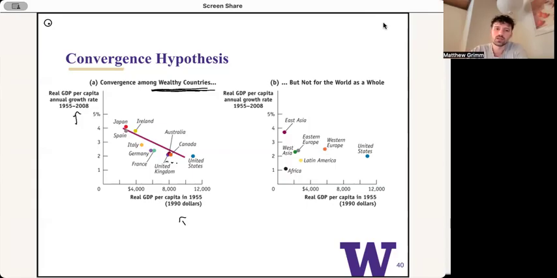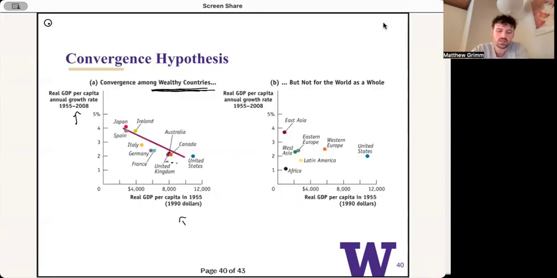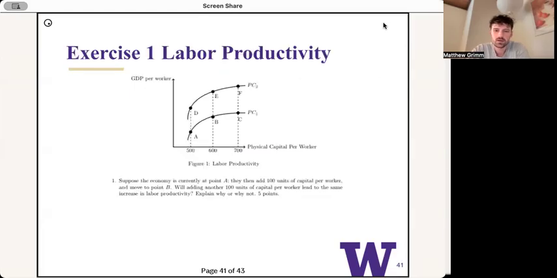So this is the convergence hypothesis. What's important here is we have education, infrastructure, and these favorable policies and institutions are held equally. We assume in these wealthy countries, they're held equally, but not in the entire world in general. Okay, so that is all we have about growth.